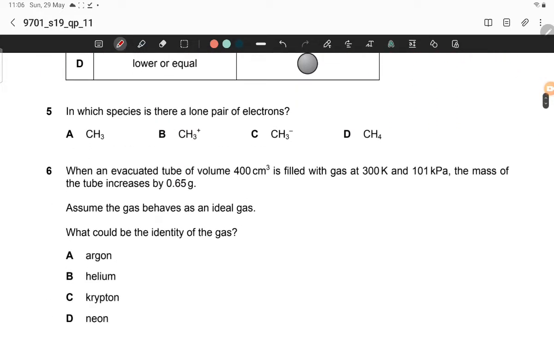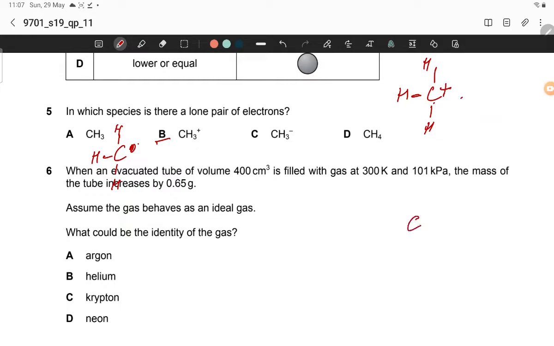Question number 5. In which species is there a lone pair of electrons? CH3 radical has no lone pair of electrons, so this has only one unpaired electron. CH3 positive, with H, H and H, is positive with no lone pair.